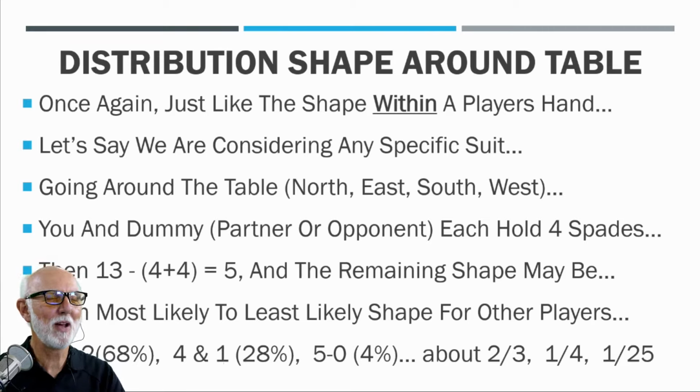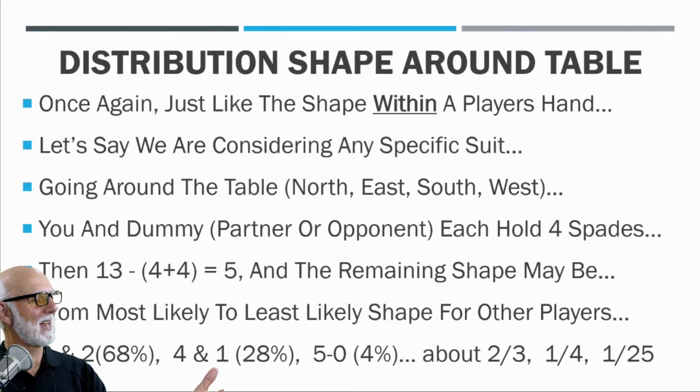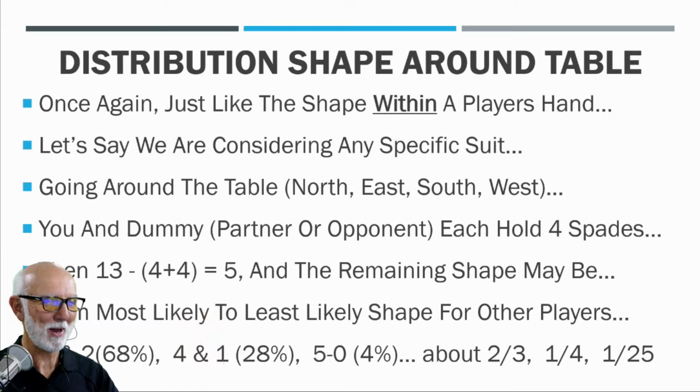Happens every now and then. I love it when I hear one of the opponents bid 1 diamond, the other goes 1 heart, the next goes 2 hearts, they go 4 hearts. I've got 5 hearts. I know they have 4-4. I've got 5. My partner's got 0. And this is a thing we're talking about, is learning how to start thinking about the different shape.